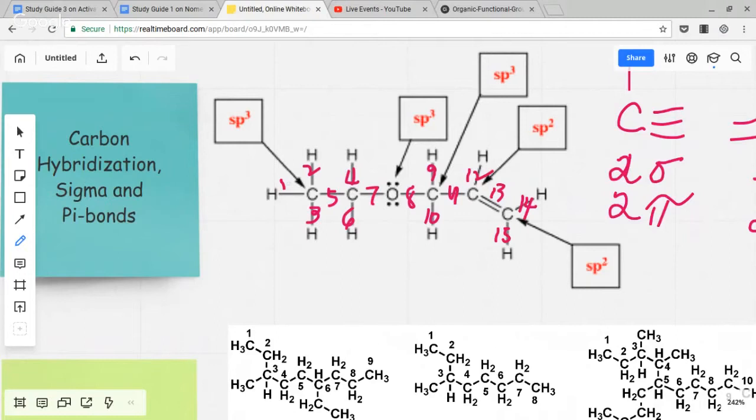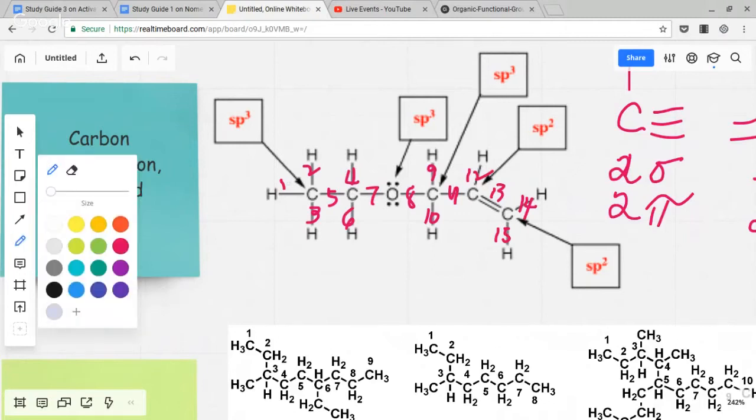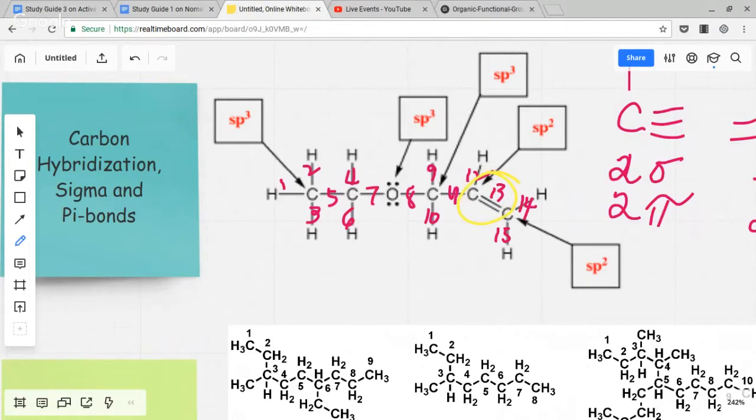Can you count now the pi bonds? How many pi bonds do you see? Well, it's very obvious. You only count the pi bonds if you see multiple bonds. In this case, you're just seeing one multiple bond there.